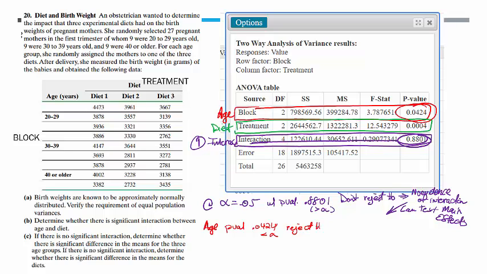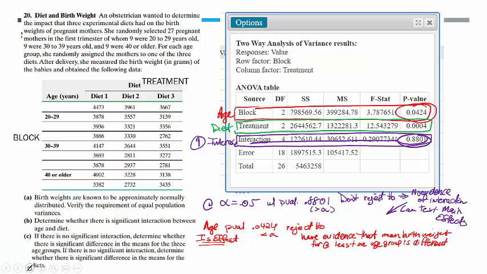When we reject the null hypothesis, that means we have evidence that the mean birth weight for at least one age group is different. So in other words, there is an age effect.